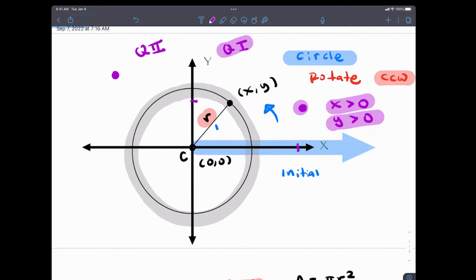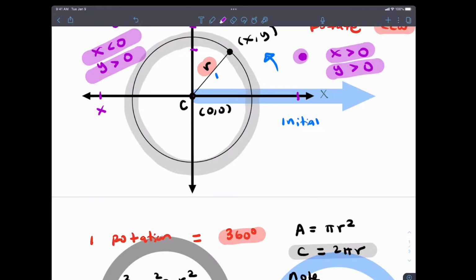If you try to plot that point, the x coordinate now is way over here, but that's negative. Good. And notice what about the y coordinate value? It's still positive. That's what I want you guys to remember here. So that's what's special about quadrant 2 in terms of any points in that quadrant. Did you guys know this already? Does that ring a bell? Okay, what about quadrant 3?